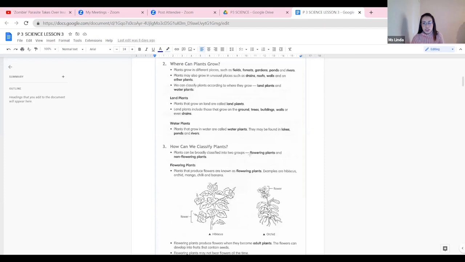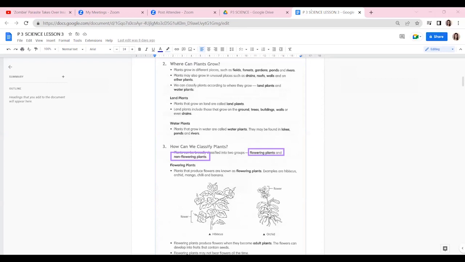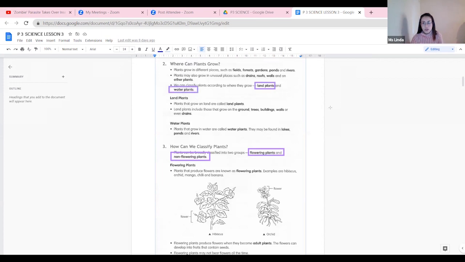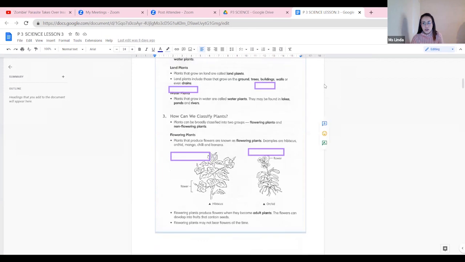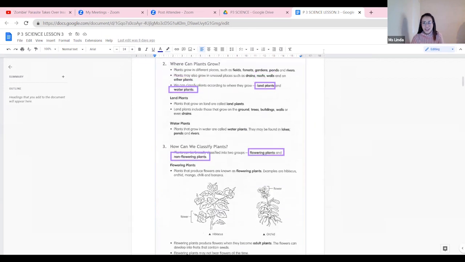So basically you have flowering plants and non-flowering plants, and either they are land plants or water plants. These are the things that you can categorize plants under.